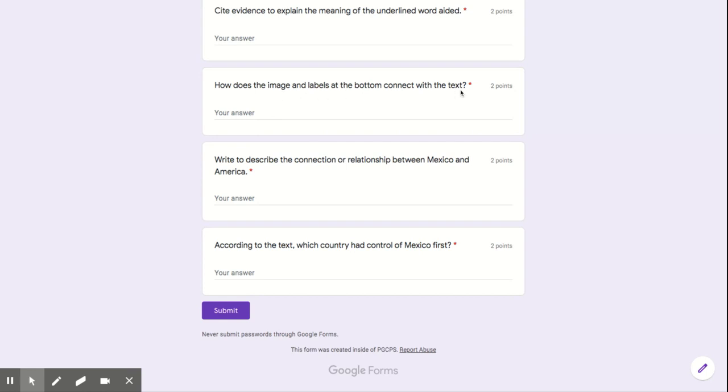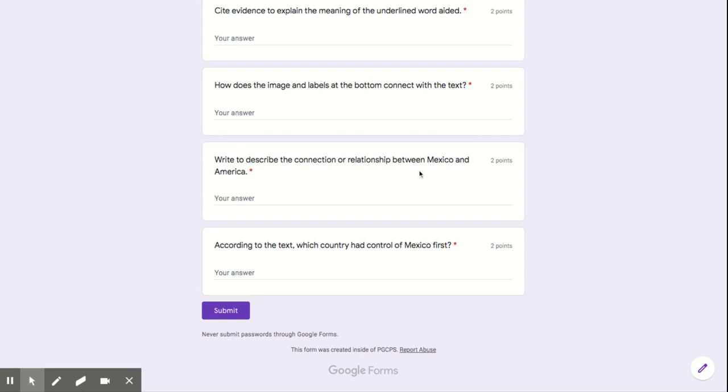The next one, write to describe the connection or relationship between Mexico and America. So to answer this question, you should go back in the text, re-look through all of it, see where it talks about Mexico and America. It talks about a connection or relationship.